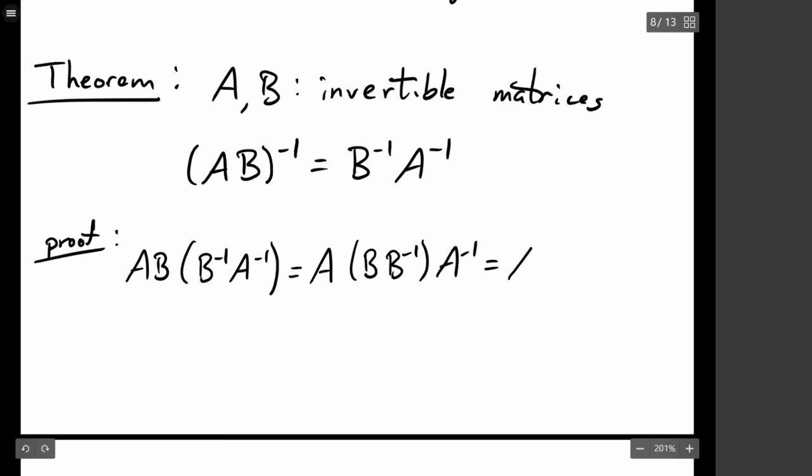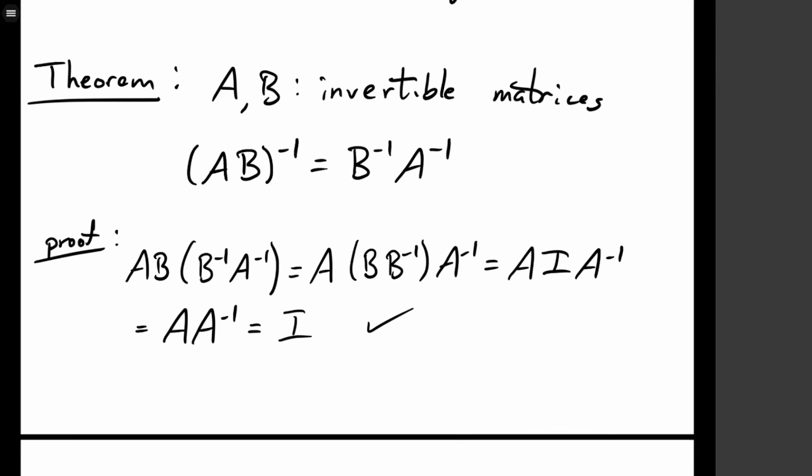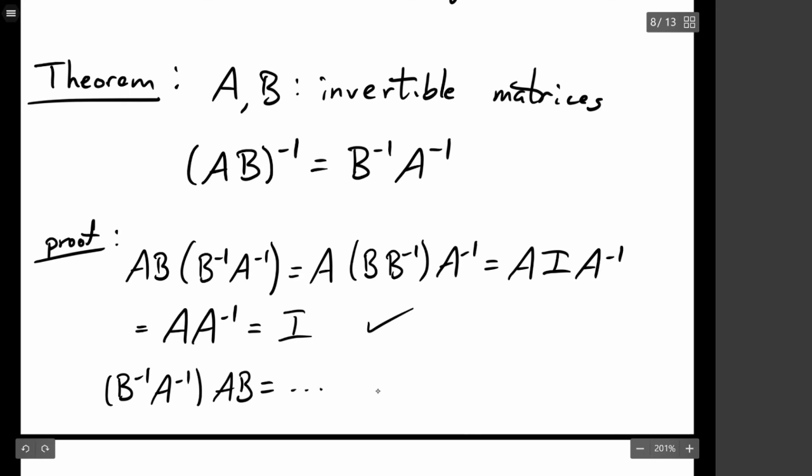And then that's A times the identity times A inverse. But that's just A times A inverse, which is equal to the identity, which is what we want. And I'll leave it to you to check that the same works out if we do this in the opposite order.